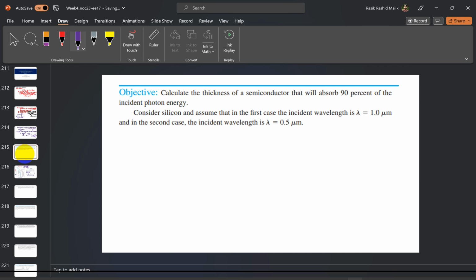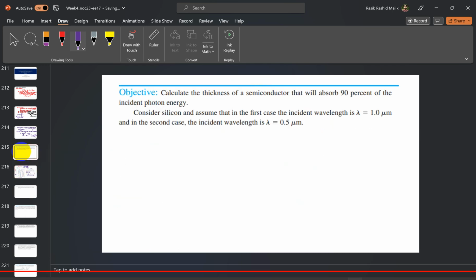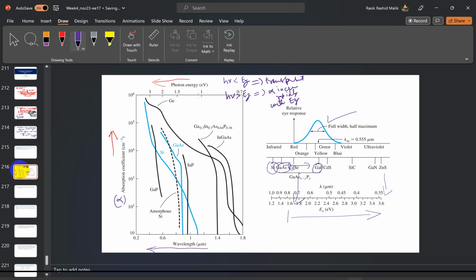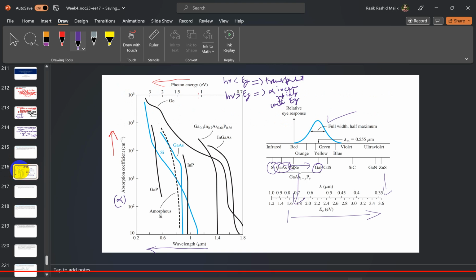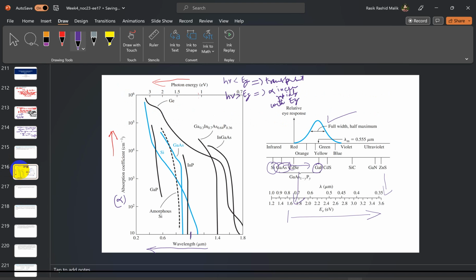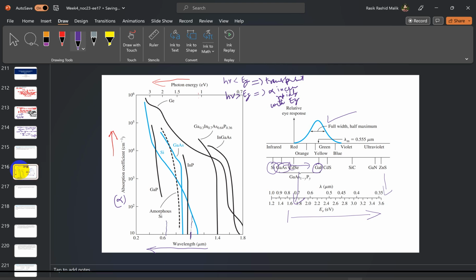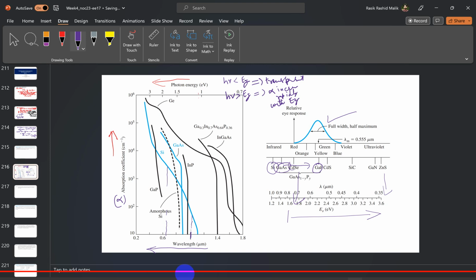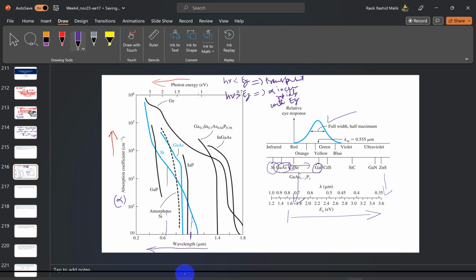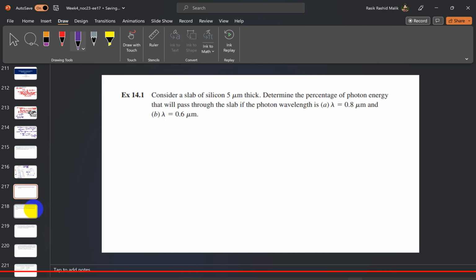Since this is for silicon, we are given two wavelengths, 1 micrometer and about 0.5 micrometer. The absorption coefficient of silicon will be higher for the lower wavelength and lower for the higher wavelength.